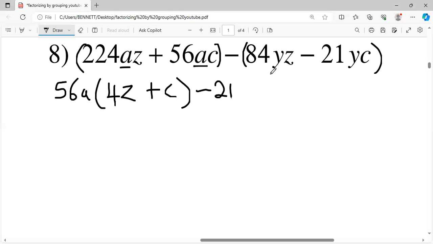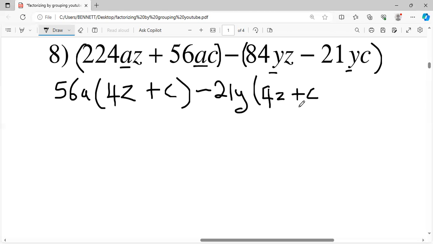But guess what? y is common, so we take out the y. And of course, negative 84 divided by this would give us 4z, as the y would cancel the y, and 21 into itself 1 time, so we get the plus c.